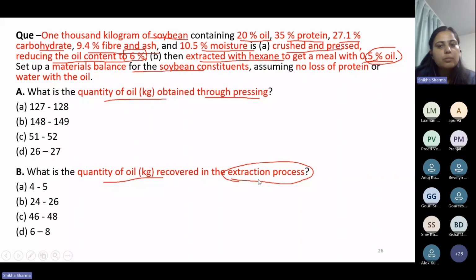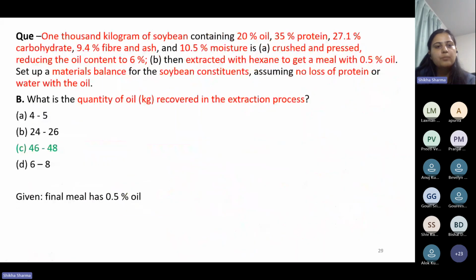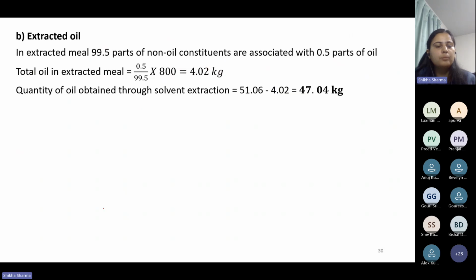The second part is about the solvent extraction process. In this question, it is given that the final meal has 0.5% of the oil. So in the extracted meal, 99.5% is the non-oil part and 0.5% is the oil part.